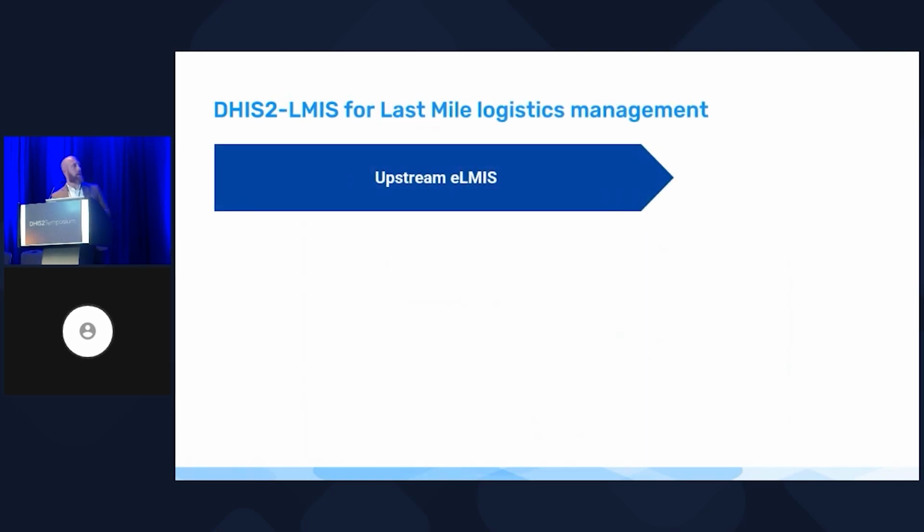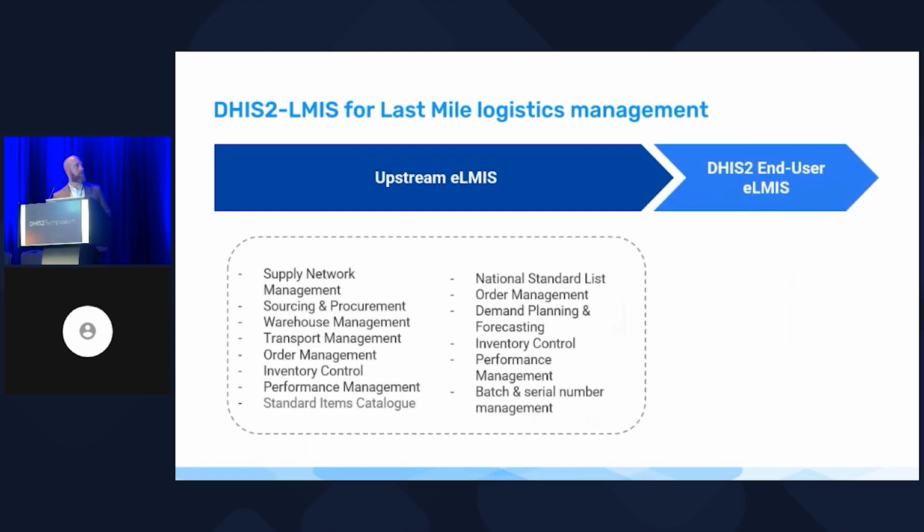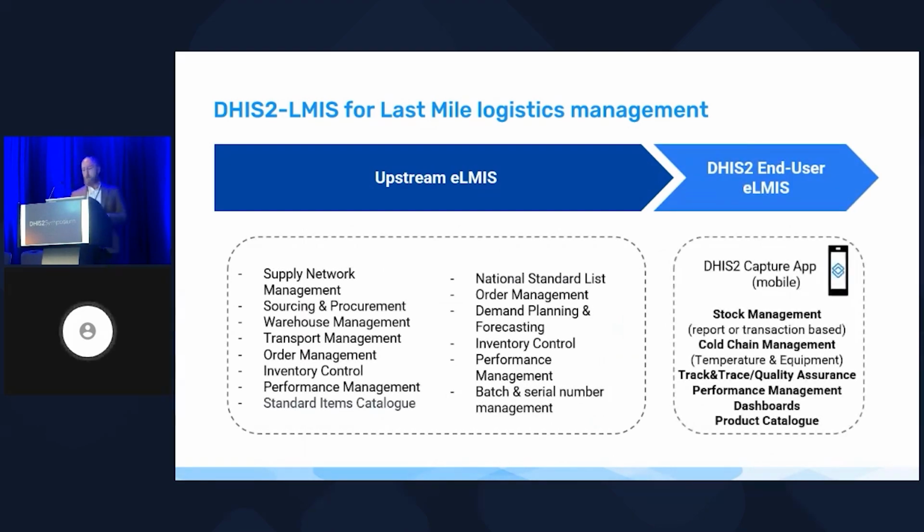So there's a lot of animation here. Okay, so what are we and what are we not? At least what are we focusing on in terms of core software development and implementation guidance? We are not trying to be an upstream eLMIS, period. We don't want to handle things like supply network management, warehousing, inventory control, order management, transportation management, all of those things you see listed on the left.